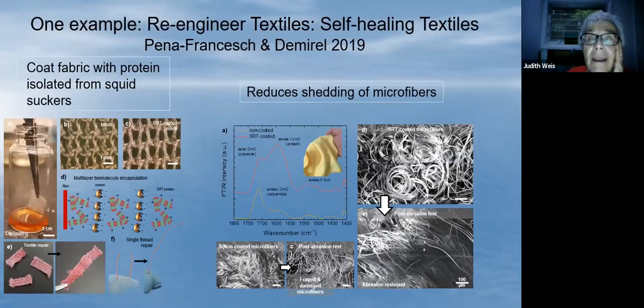Here's just one example of re-engineering textiles. These people found a protein isolated from squid suckers. Now, why they ever thought to examine squid suckers, I have no idea. But when they put that protein on the fabric, here they had cut the fabric into 3 pieces, and when it was coated, you put the 3 together and they stick together.